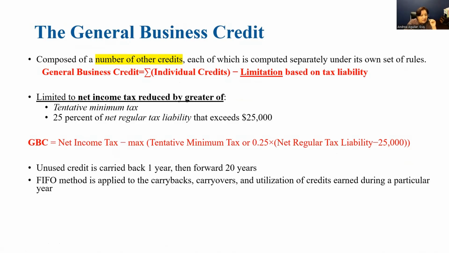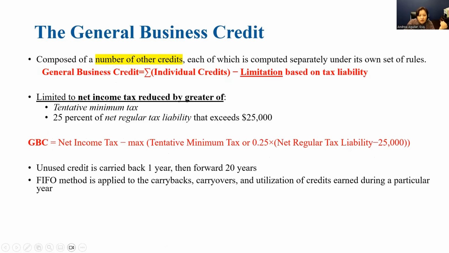What is all that? To be able to understand this, first we need to understand what the tentative minimum tax is. But generally, the general business credit is equal to the net income tax, okay? So your net income tax minus the greater of either the tentative minimum tax or 25% of your net regular tax liability minus $25,000.